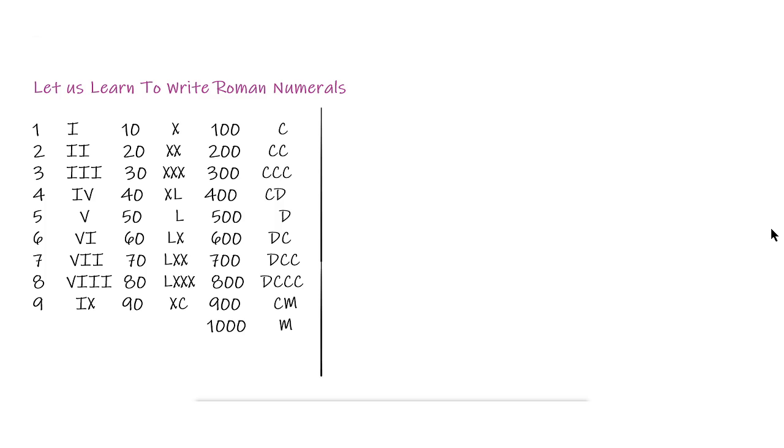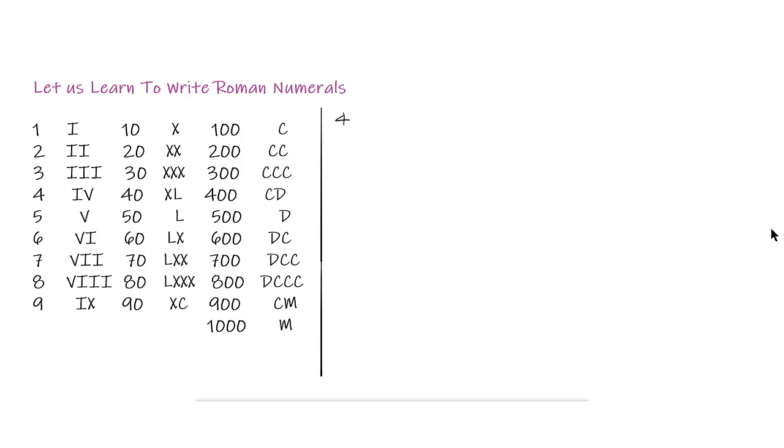We have already learnt to write 1-digit numbers 1 to 9. This is in the chart. Now we will write 2-digit numbers. The 2-digit numbers 10, 20, 30, 40, 50, 60, 70, 80 and 90 we have already learned. Now we will write a few 2-digit numbers.